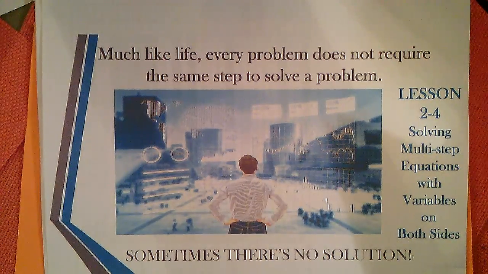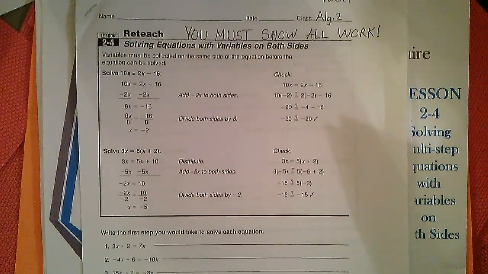So let's look at our first example. I said we're going to start with 2-4, and here is the front page if you just need to see what that looks like.